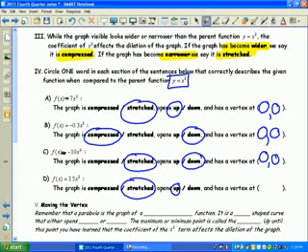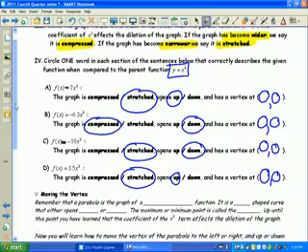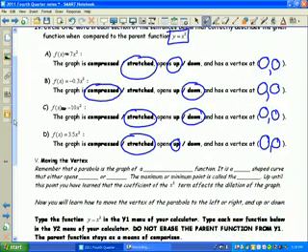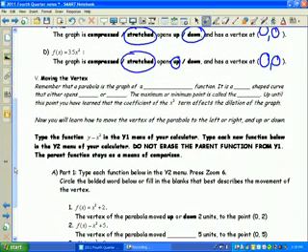It's positive, so it's upward, and it has a vertex of 0, 0. So that's that first part. So right now, it looks like the sign is telling me it's opening up or down. The numbers are telling me if it's going to be compressed or stretched.